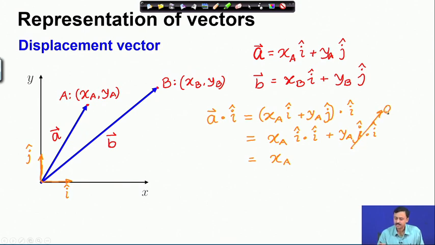So, I have x a. Similarly, if I dot it with j cap, you can work out that you get the coordinate y a. So, this way given the position vector, you can find out the coordinates of the point.